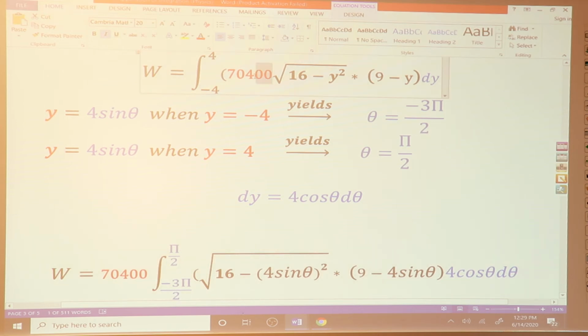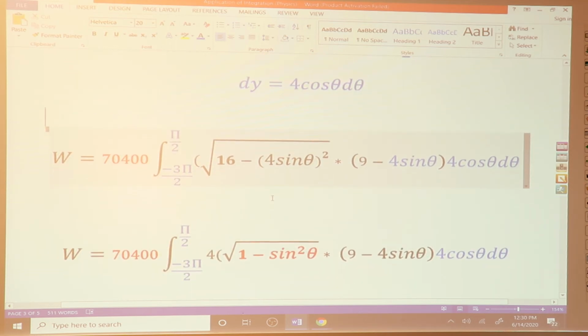Don't touch this number, take it out, it's a constant. 16 minus y squared becomes 16 minus (4 sine theta) squared, times 9 minus 4 sine theta, times dy, which is 4 cosine theta, since the derivative of sine is cosine.